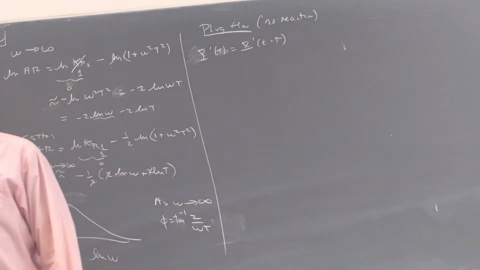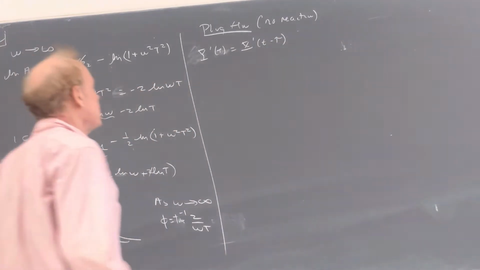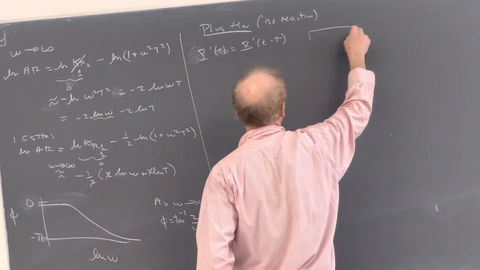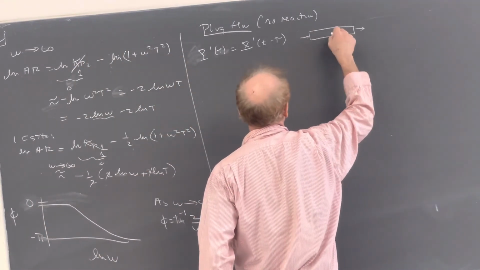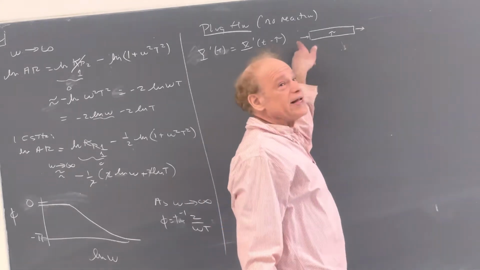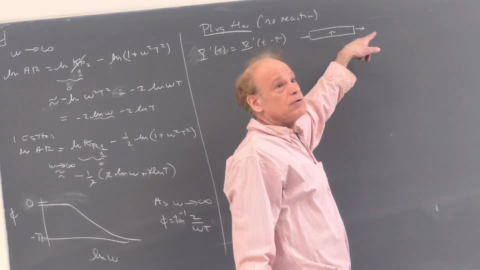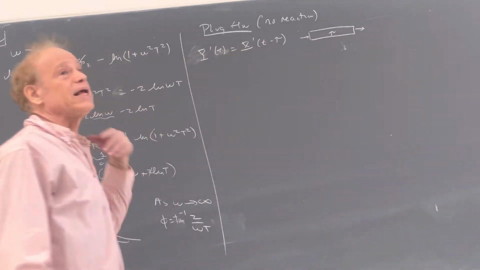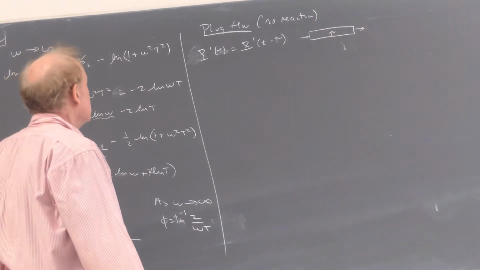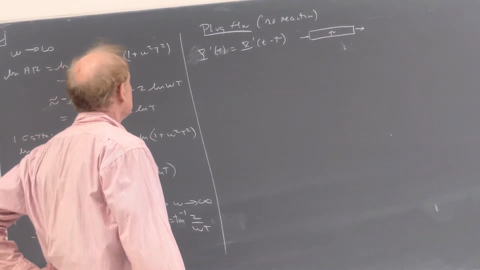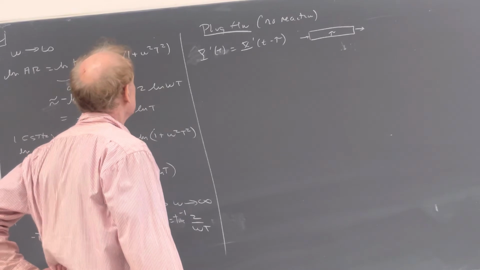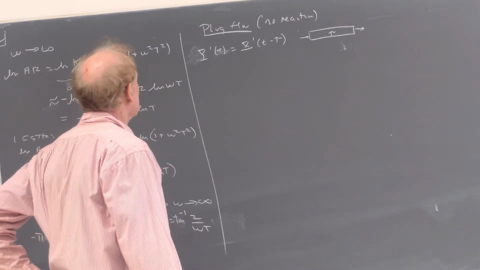It's just a delay. What's coming out is just what came in, but tau seconds later. What came in tau seconds ago. Do I have that right? So when t is tau, yeah.